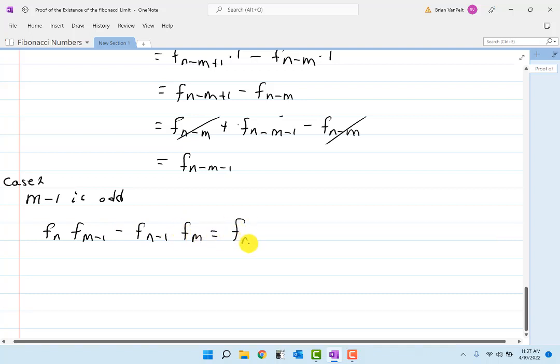So we had f sub n minus 2k, f sub m minus 1 minus 2k, minus f of n minus 1 minus 2k, f of m minus 2k. I'm going to let k equal m minus 2 over 2.